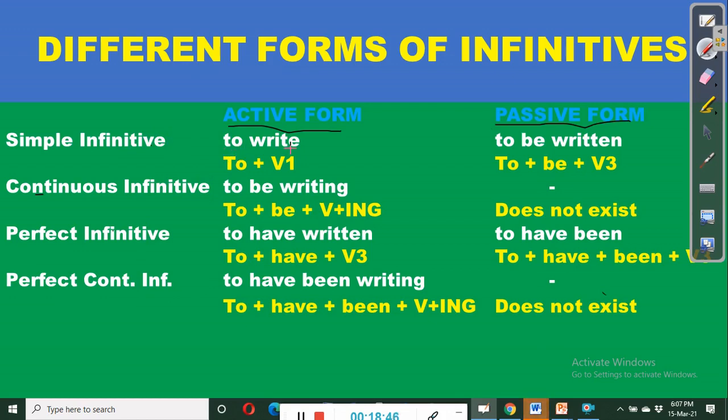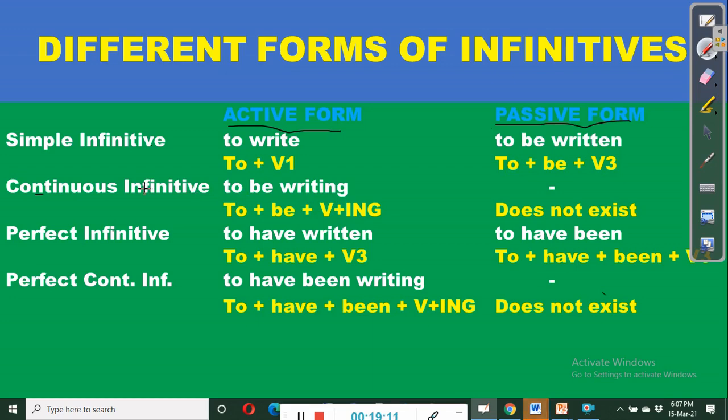For example, "to write," the structure is to plus V1. V1 is the base form of the verb. So we have "to write." The passive form is "to be written," and it has the structure to plus be plus V3. V3 is the ed form of the verb, that is the past participle.